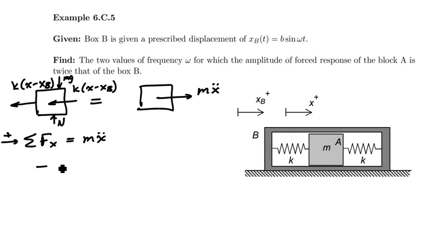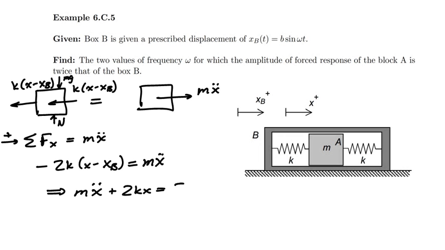This gives me that minus 2k times quantity x minus x_b is equal to m x double dot, which if I rewrite in standard form gives m times x double dot plus 2kx is equal to 2 times k times x_b. If I then substitute in the value of x_b given above, that's equal to 2 times k times little b times the sine of omega t. And that'll be the equation of motion for the system.